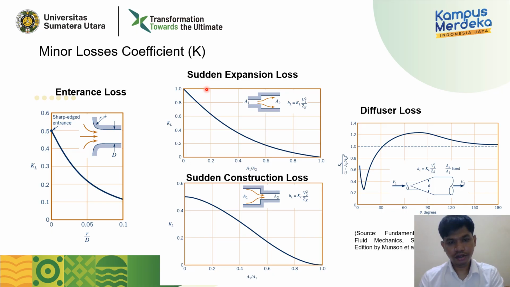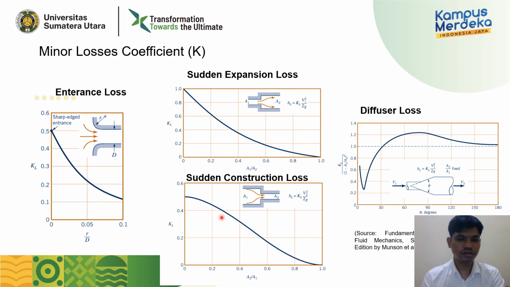This is for sudden expansion loss. For example, if you have a piping system like this, this is a small pipe, and this is the bigger pipe. We can also calculate it based on the ratio of A1, which is the area of the smaller pipe, divided by A2, which is the bigger one. Also, if we talk about sudden contraction loss like this, the bigger one then becomes the smaller one.